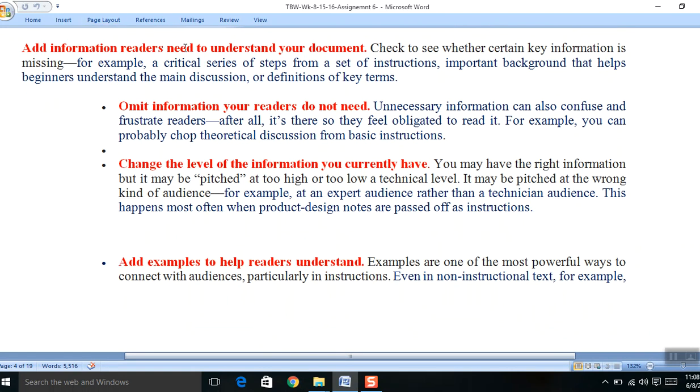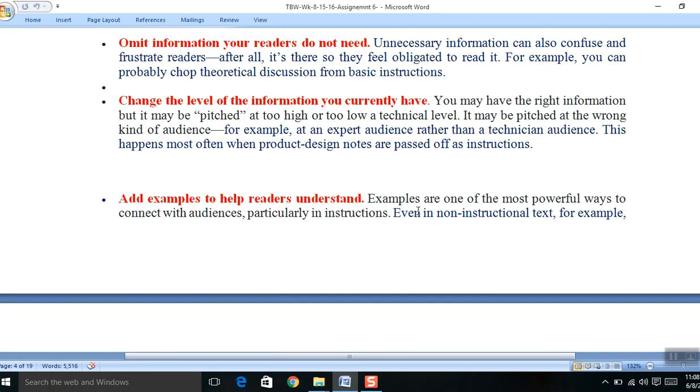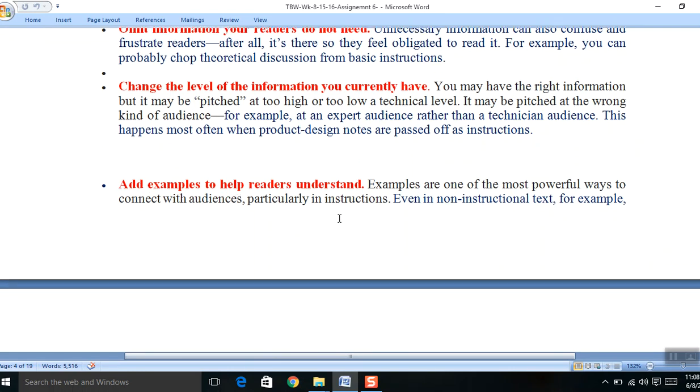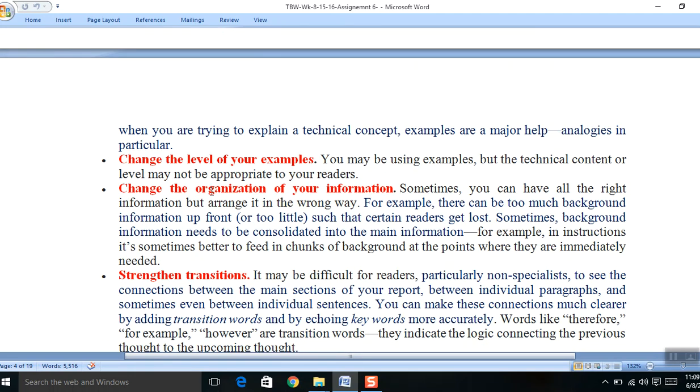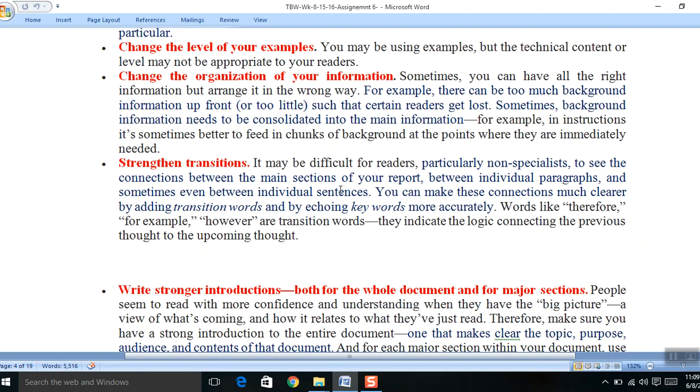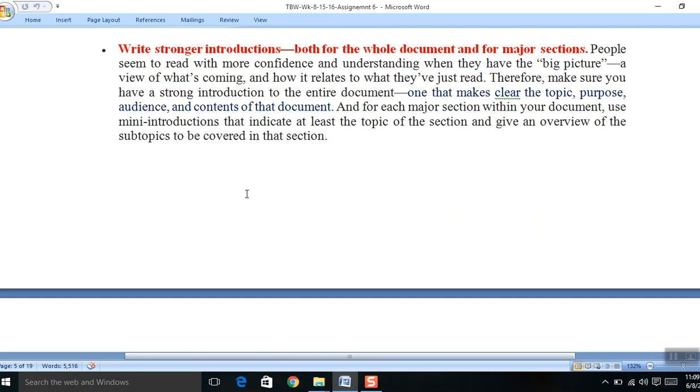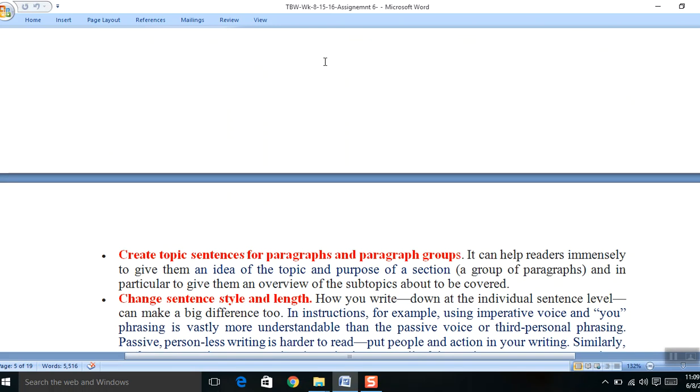Add information readers need to understand your document. Omit information your readers don't need. Change the level of information you currently have. Add examples to help readers understand. Change the level of examples. Change the organization of your information. Strengthen transitions. Clear. Write stronger introductions, conclusions, and summaries.